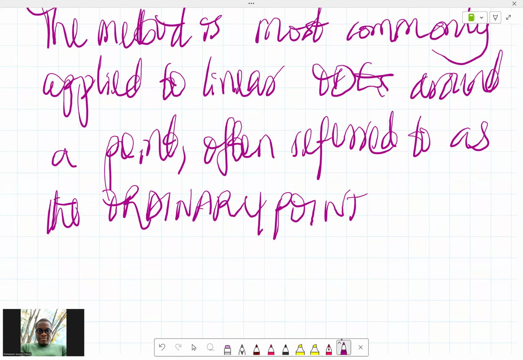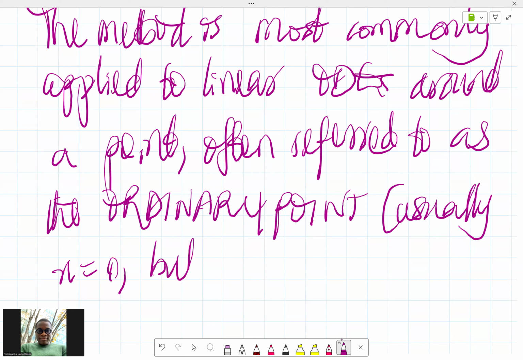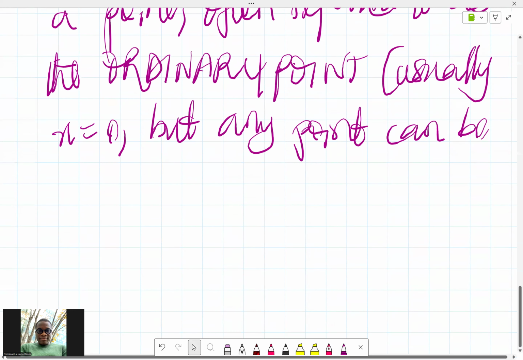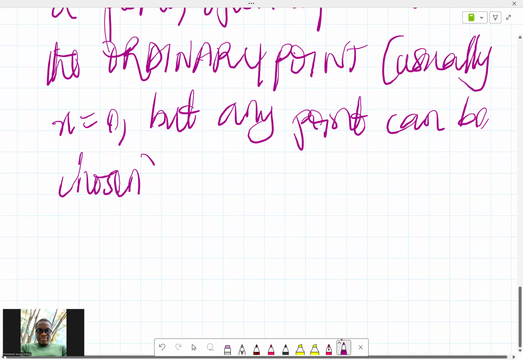The ordinary point is usually x equals 0, but any point can be chosen.